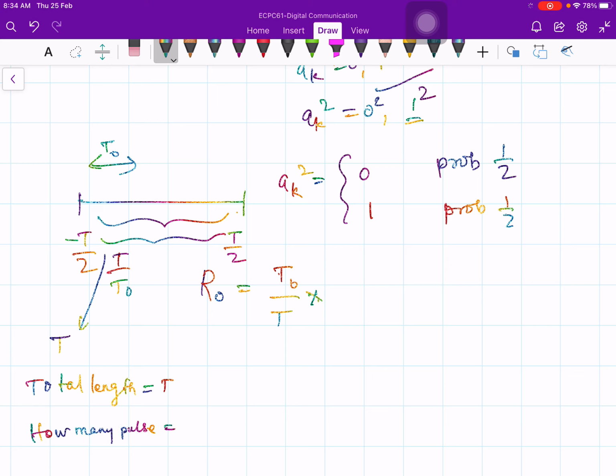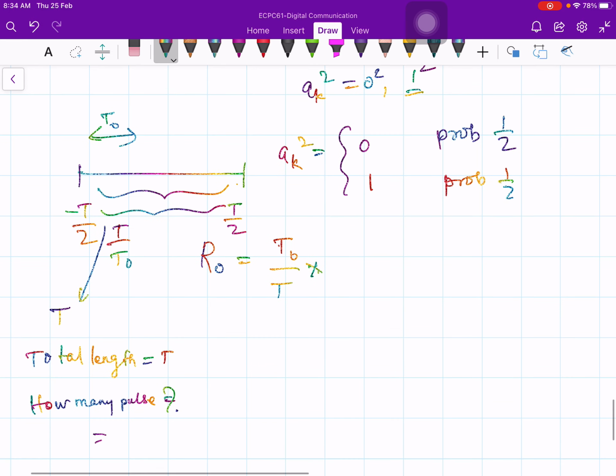How many pulses do you have in this total length? That is going to be total length divided by the pulse width.